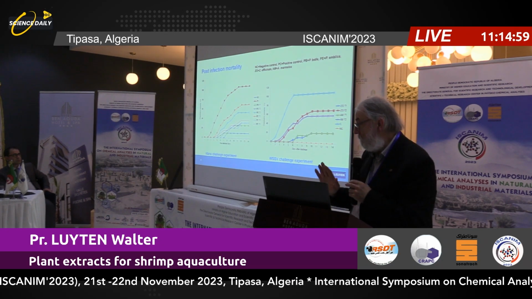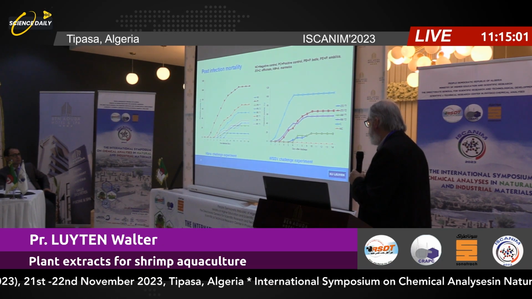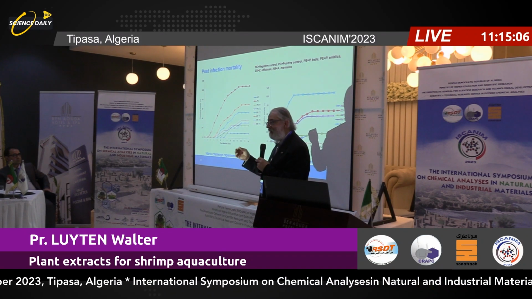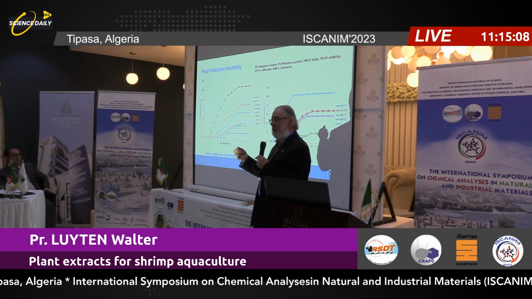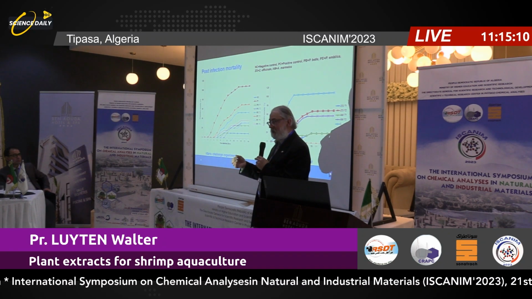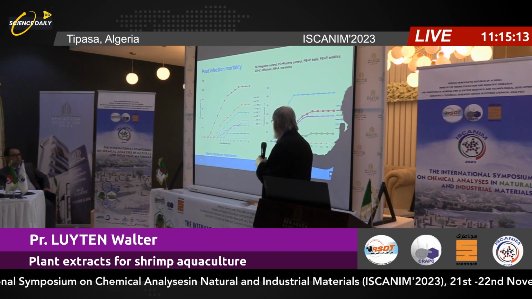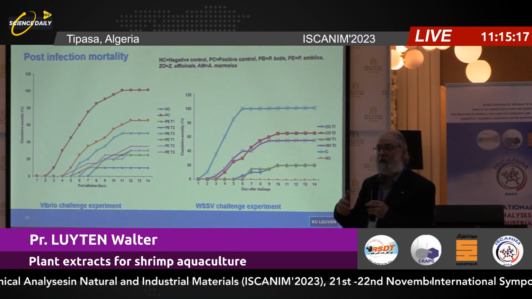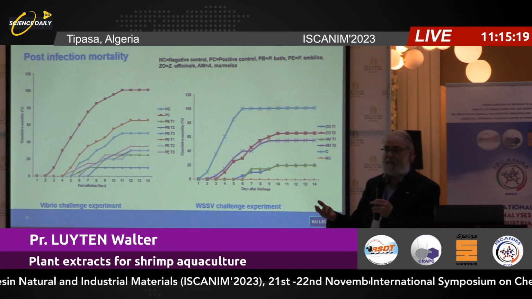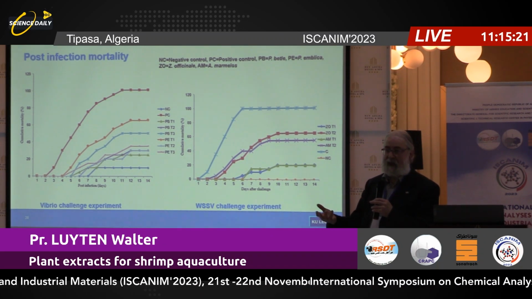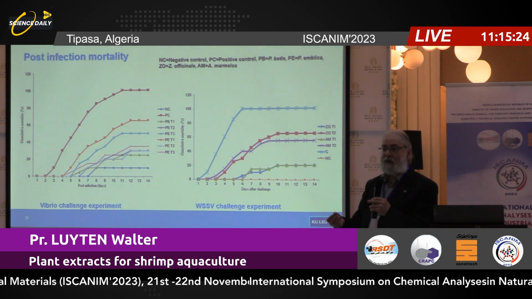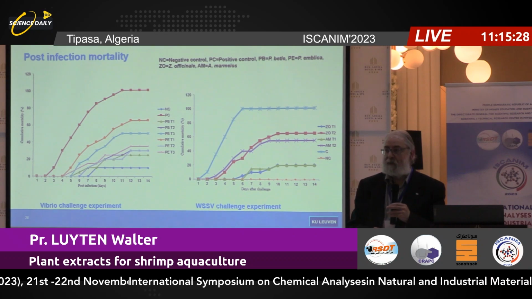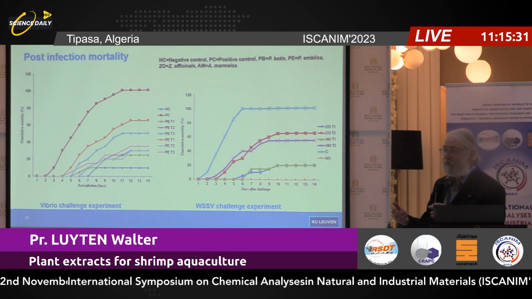Now, maybe you didn't know this, but these plants were selected based on their activity against Vibrio, this bacterial pathogen. But some of these plants also seem to protect against a virus, which is a bit unexpected because the activity against Vibrio cannot explain why the shrimp are also protected against a viral infection.